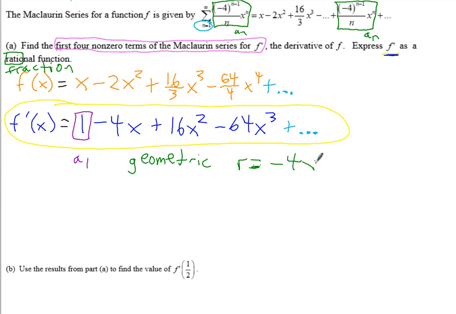The way we write it as a rational function is because the geometric series is the one type of series we actually have a formula for the sum of all these terms. Remember the sum formula for a geometric series: it's the first term, a sub 1, divided by 1 minus the common ratio. We know the first term is 1, and the common ratio is negative 4x.